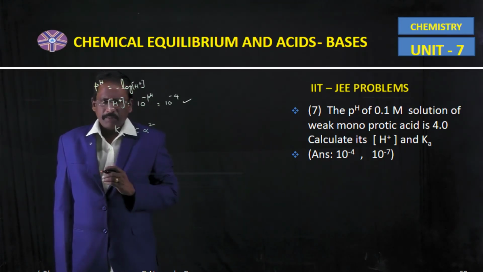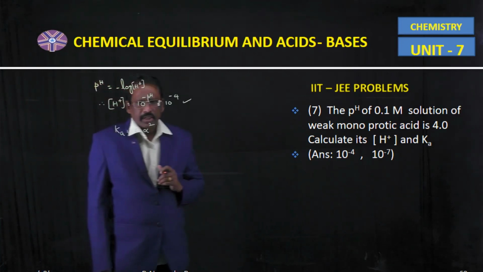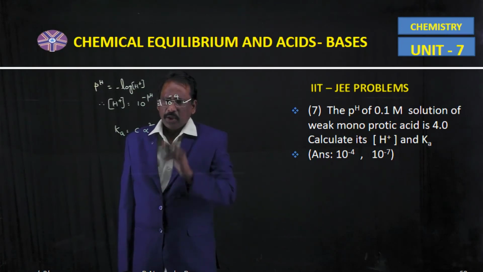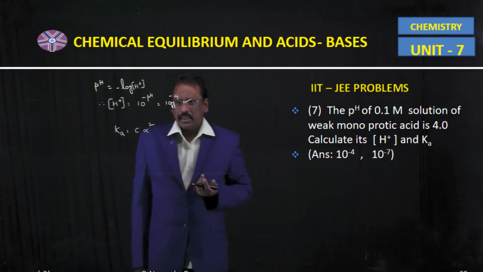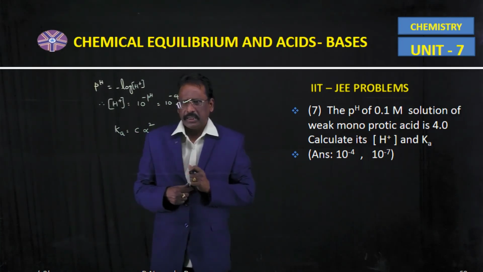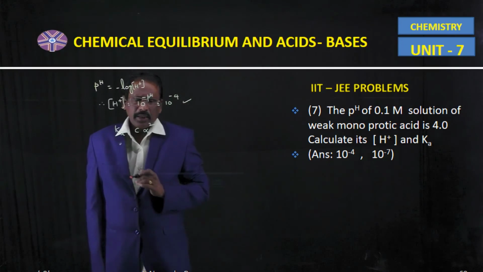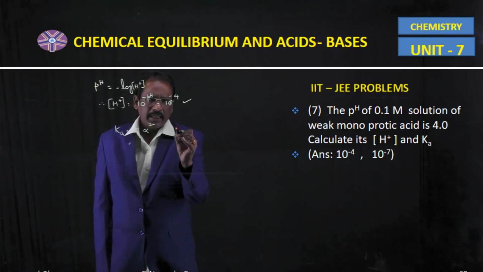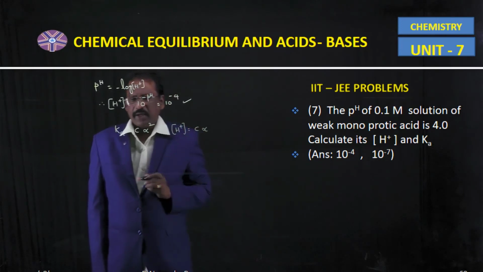In this problem, the concentration of this weak monoprotic acid solution is 0.1. If you know the degree of ionization of this weak acid, now it is possible to calculate the Ka value. So, in the dissociation of weak acid, H plus ion active mass is equal to C into alpha.